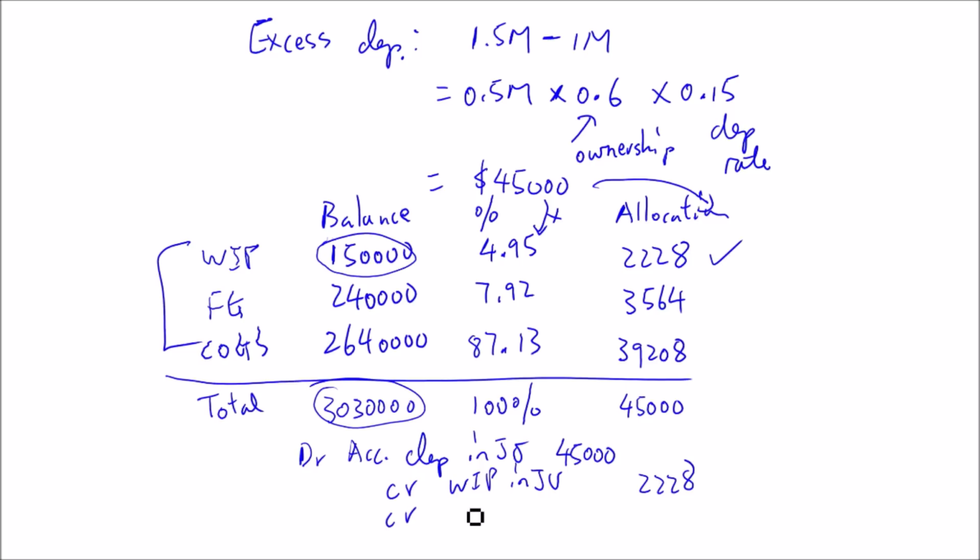And then we also got finished goods in the journal. And finally, we also got cost of goods sold in the journal as well. So that's the one that we want to recognize for that particular journal. So that's the end of the question.